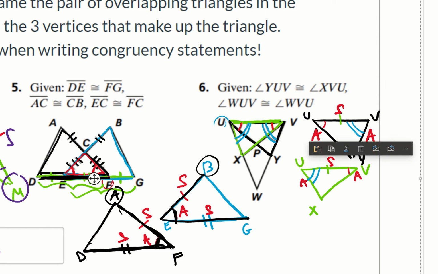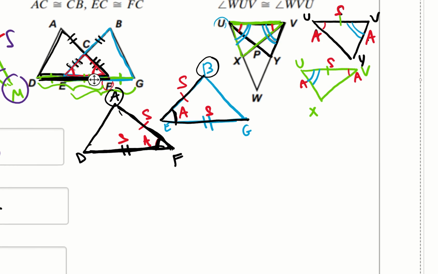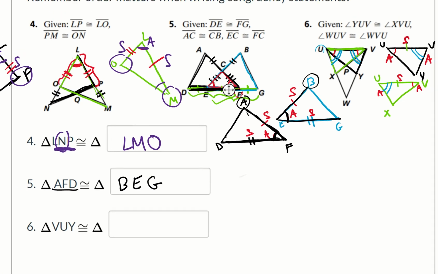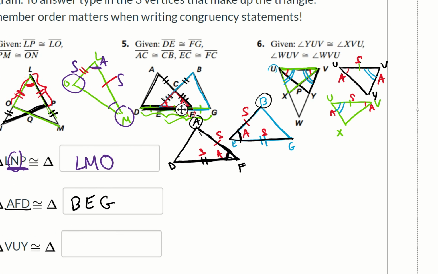All right, so then what's the right order? So we have VUY. So VU corresponds to, in this case, because remember V is this blue angle, right? So that's going to be U. So UV.